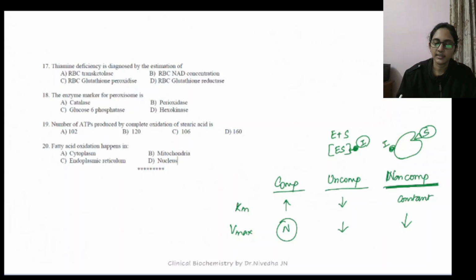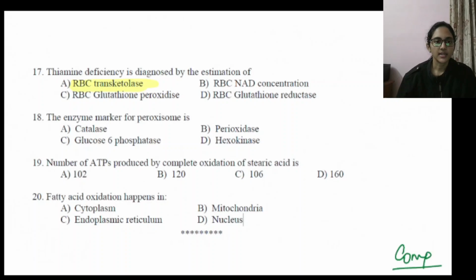Thiamine deficiency is diagnosed by estimation of what? We have already seen it is RBC transketolase. And the enzyme marker for peroxisome is catalase. What are the other enzyme markers? For nucleus, it can be RNase or DNase.